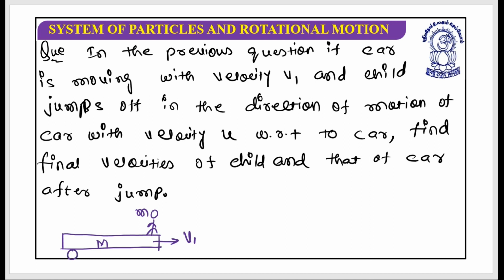Now the child is going to jump off with velocity u, and the car is moving with velocity v2, as the speed has changed.